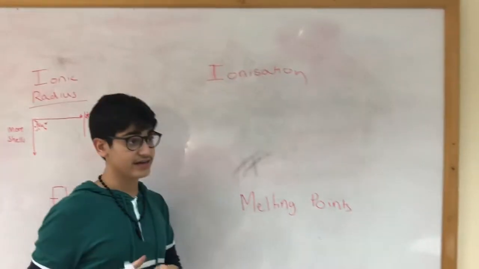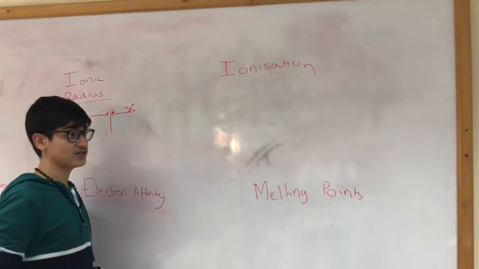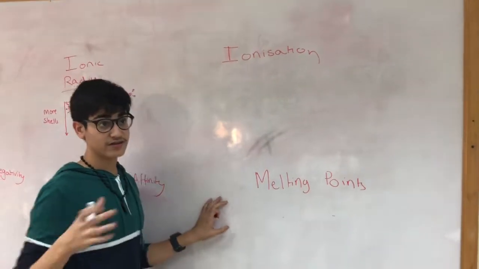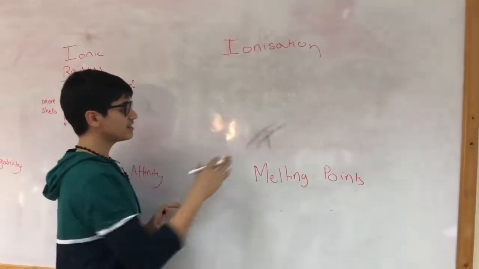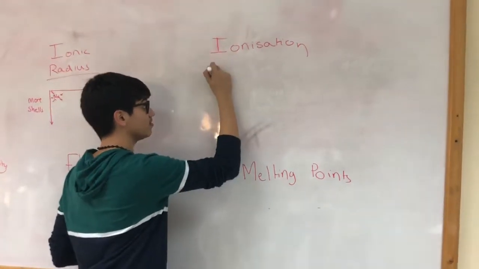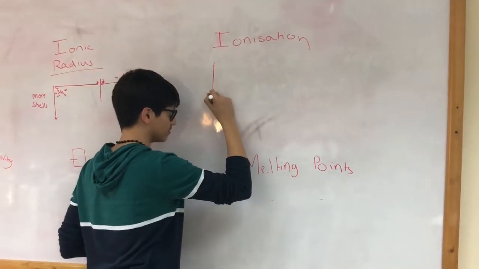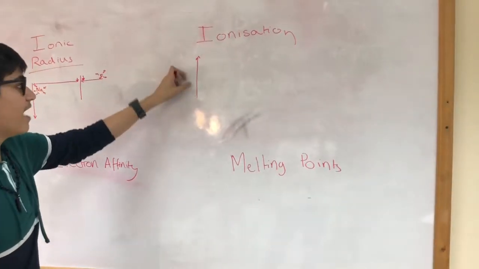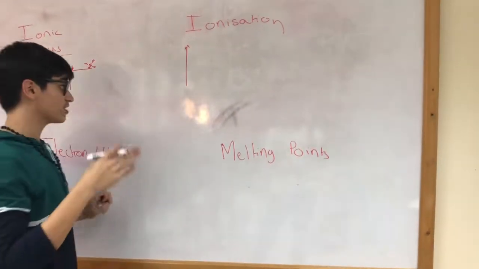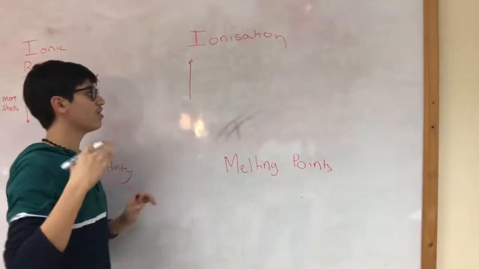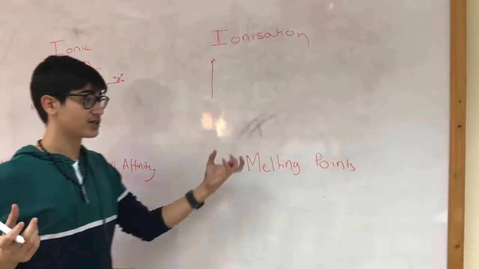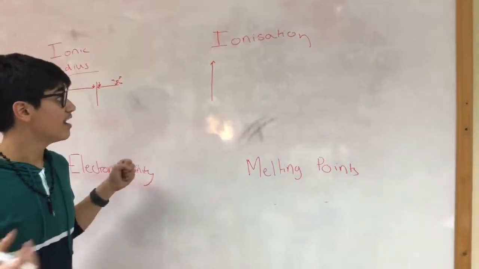And now onto ionization energy. Ionization energy is the energy required to remove the first electron. Down a group, the energy decreases, so this is the highest point in a group. This is because the outer shell electron becomes a lot further from the nucleus, and due to shielding, there isn't much attraction towards the nucleus.